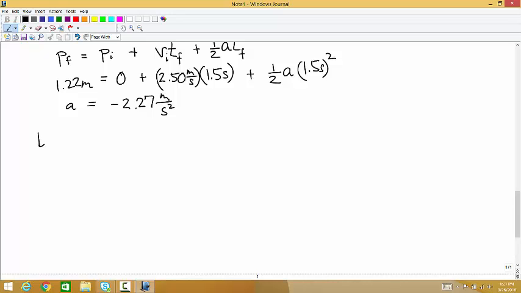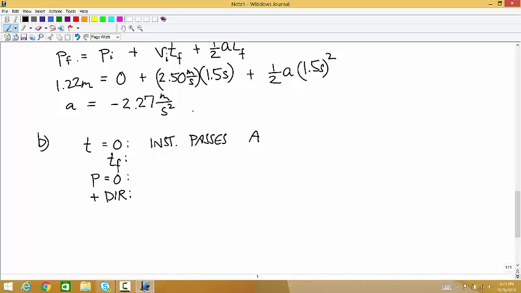And then for part B, now we're trying to find the ball's location at the highest point on the ramp. So we're going to have to change some of our initial choices. Our time equals 0, we can still make that the instant that it passes A. We could do it when it passes B, but let's just not change it.